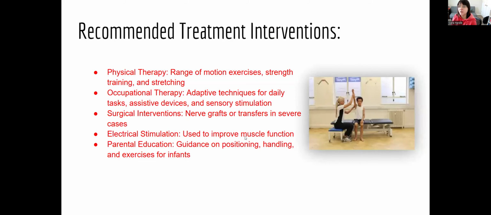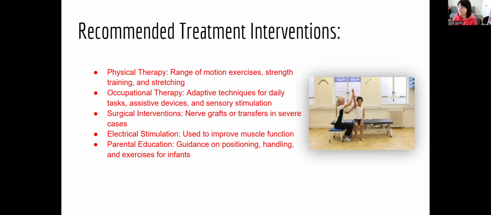So for recommended treatment and interventions, we're going to have physical therapy, occupational therapy, surgical interventions, electrical stimulation, and then parental education. So for PT, we're just going to have range of motion exercises, strength training, and stretching. For OT, we're going to have adaptive techniques for daily tasks, assistive devices, and sensory stimulation. For surgical interventions, we're going to have nerve grafts or transfers in severe cases.